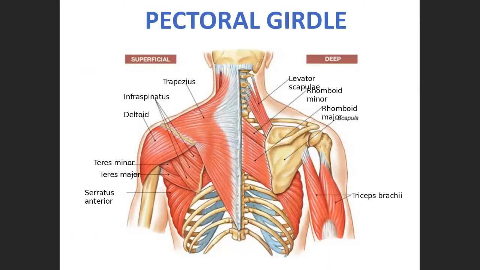So what have we reviewed kind of already? Trapezius, right? Action is associated with the scapula. It's going to elevate, adduct, and depress the scapula, right? The next one we talked about was the levator scapula, right here.